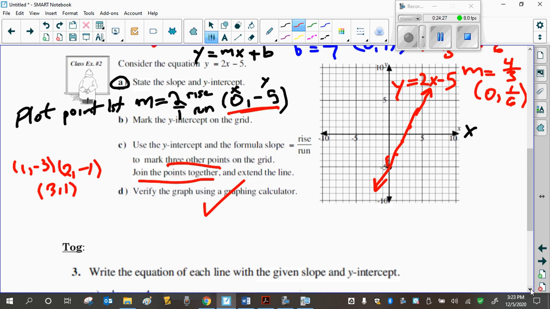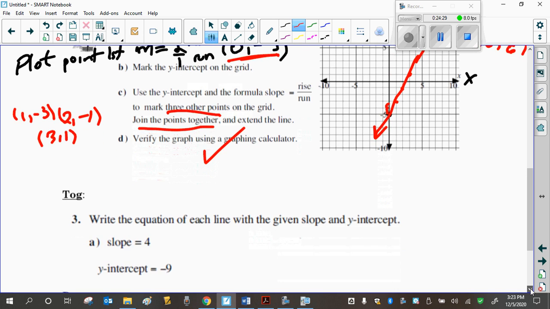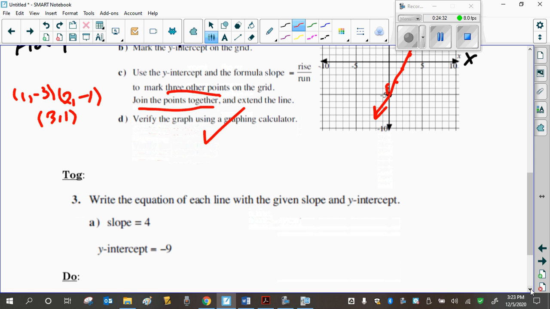Next says together. Don't really want to do it together. You try 3a. We'll give you a shot. Write the equation of each line with that slope and that y-intercept.